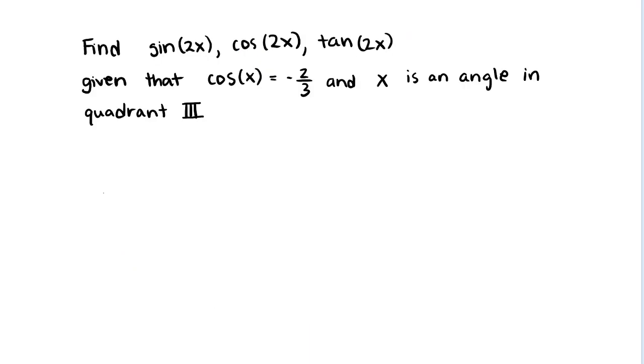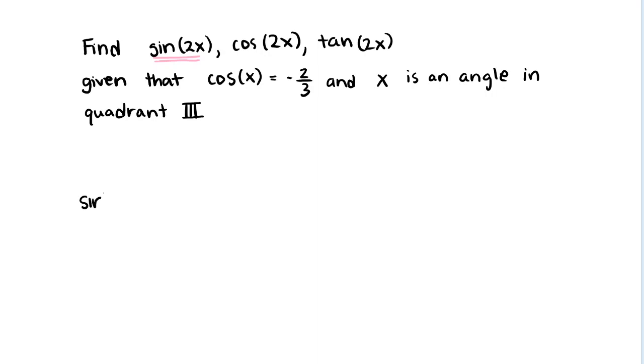So let's take a look at this example where we want to evaluate sine of 2x, cosine of 2x, and tangent of 2x, given that cosine of x is equal to negative 2/3, and that this angle x lies in quadrant 3. And so let's start by trying to evaluate sine of 2x.